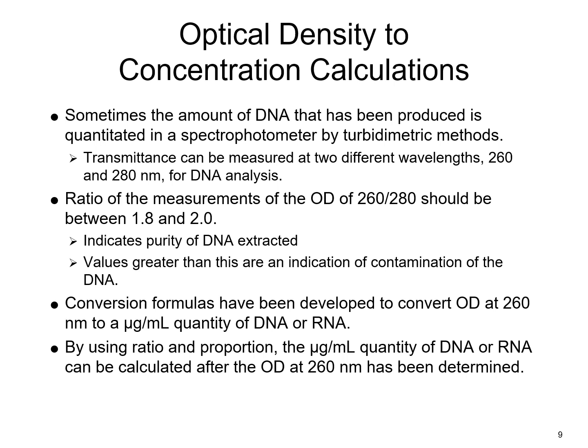By using ratios and proportions, the micrograms per ml quantity of DNA or RNA can be calculated once we know the optical density at 260 nanometers and we've determined what that is.